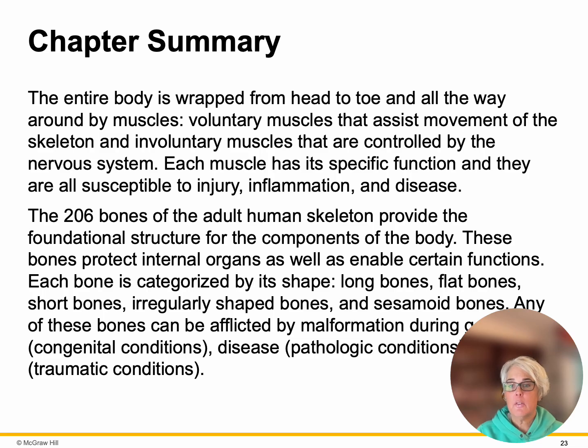All of these structures can be affected by congenital malformations, disease processes, or traumatic injuries. ICD-10 expects the coder to capture the site, the laterality, the etiology, and the episode of care. As you practice, continue to focus on carefully reading the documentation and matching it to the most specific code available.